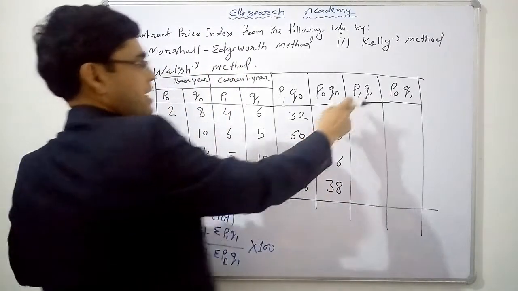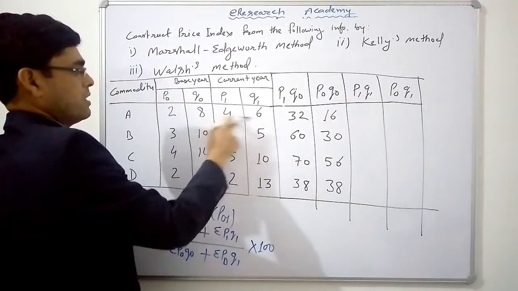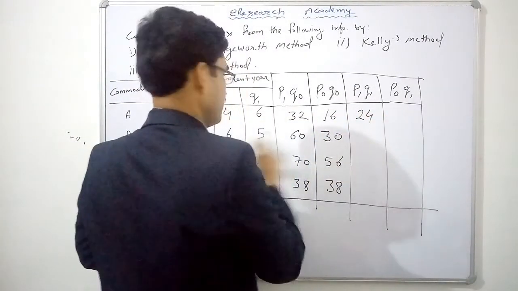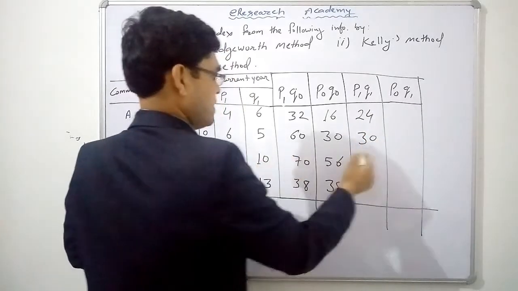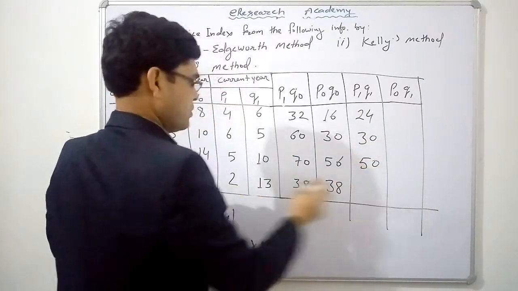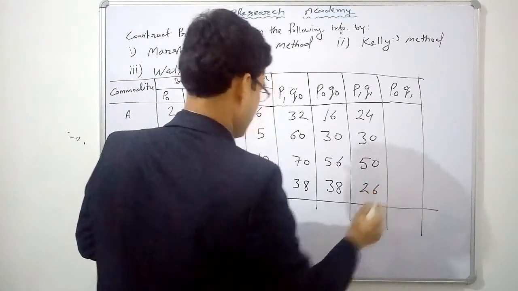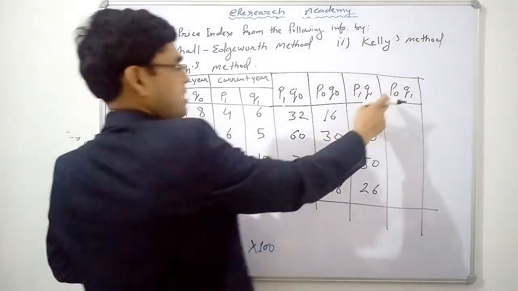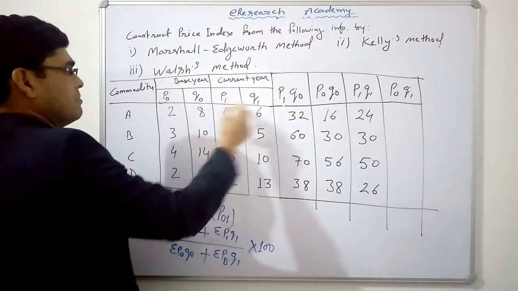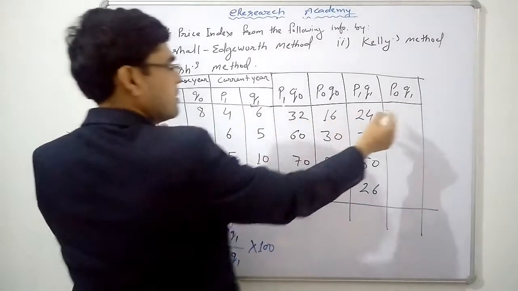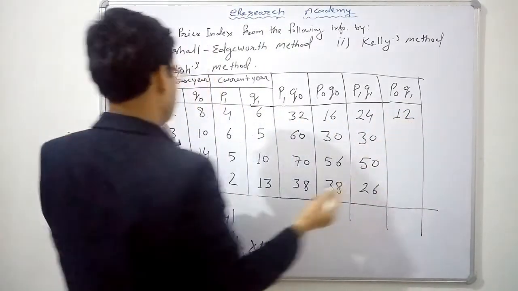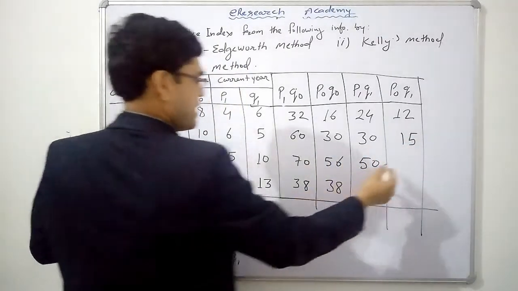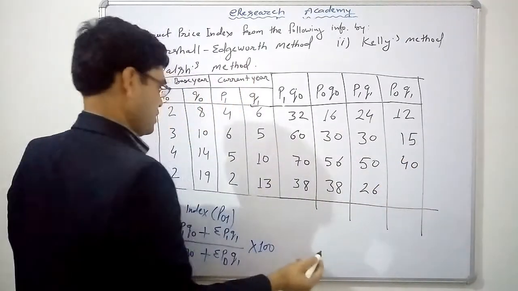Next P1 Q1: 4 into 6, 24, 5 into 6, 30, 5 into 10, 50, 2 into 13, 26. Last we need P0 Q1: 2 into 6, we have 12, 3 into 5, 15, 4 into 10, 40 and 2 into 13, 26.